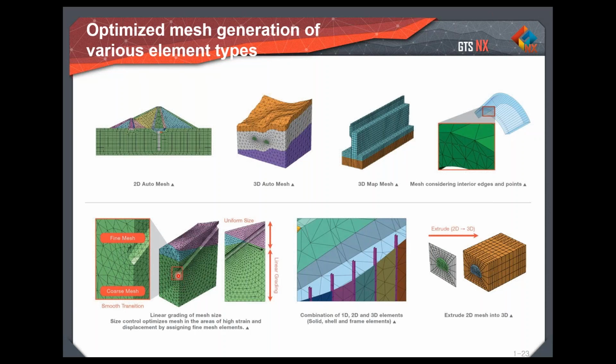So what the software does is, it has a very fine mesh here. A very fine mesh will be developed where we have a very high concentration of stress, and towards the boundary it gets coarse. So this type of condition will be automatically considered by the software itself.